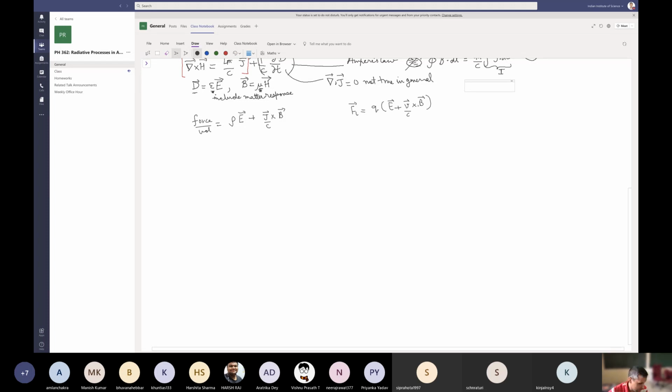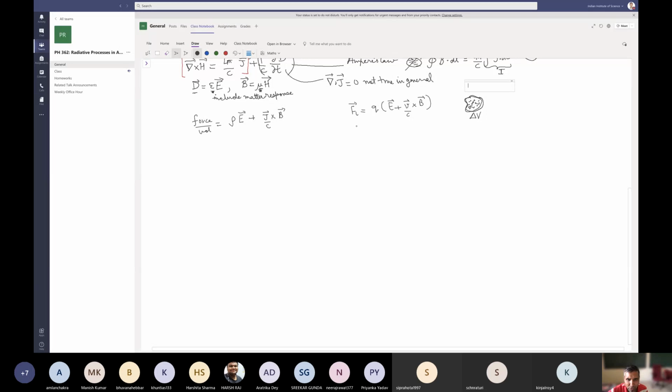Now what I'm doing is the following. Let's consider a small volume element delta V. It has some positive and negative charges, protons and electrons, and they are moving in general directions. If I calculate the force acting on this whole volume, I have to sum up all these forces acting on individual charges.